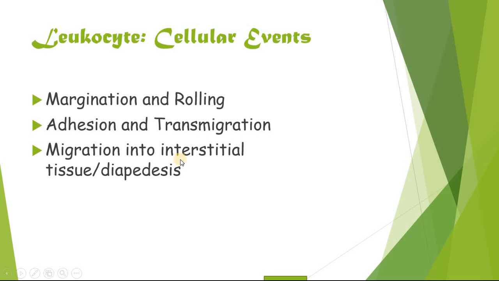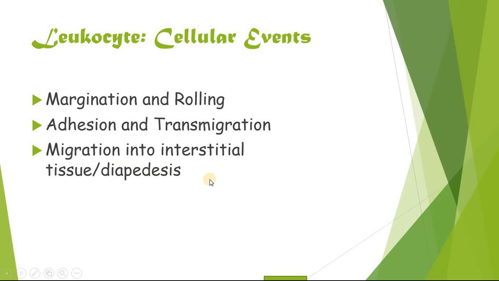During this time, the endothelial cells become more activated and show some receptors to bind with the leukocytes, which causes rolling and adhesion. And the injured cells permit the leukocytes to leave the circulation, known as transmigration.